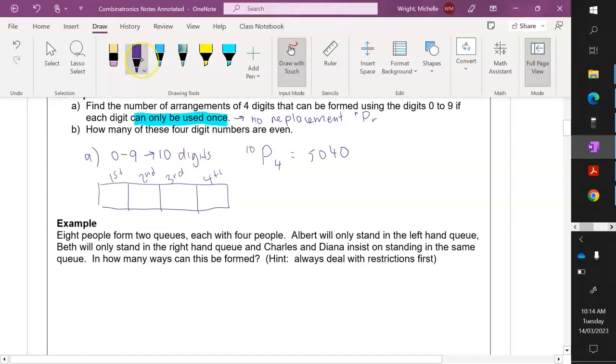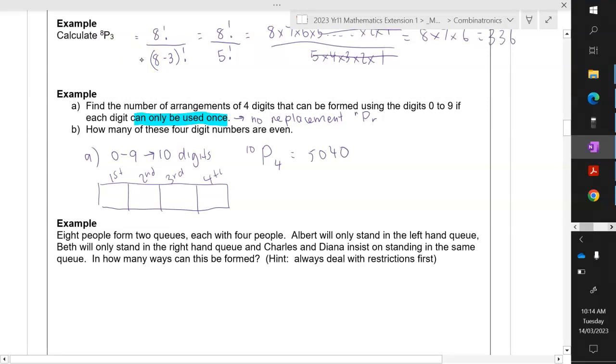Okay, so that means if we've got 10 digits, our first number could be any of those 10 digits. But if we've used one of those digits up in our first position, our second number has only 9 digits to choose from. So this is very similar to the horse race question above. We've already used 2 of the digits up. There's only 8 left to choose from, and then 7 left to choose from for our fourth position.